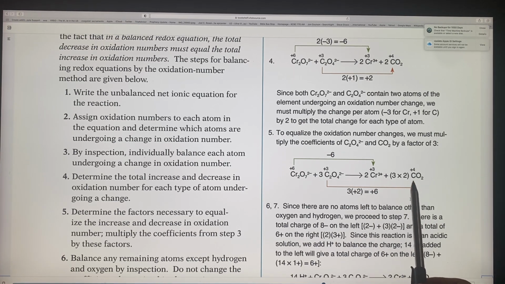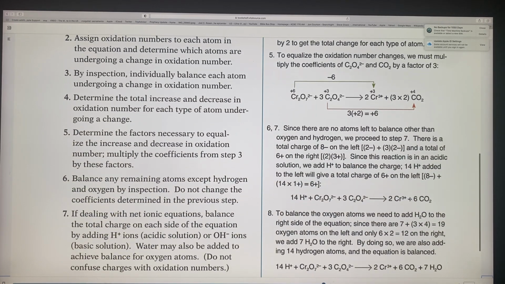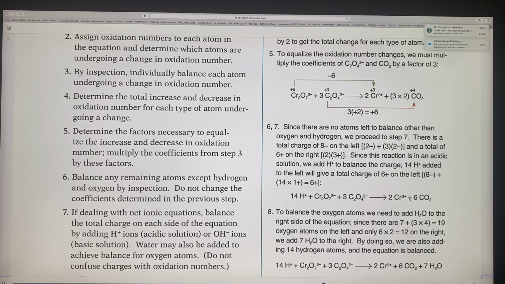So what we're going to have to do is, this is 2, we're going to have to multiply this by 3. So this is going to be 3, and this is going to be 3. See how we added those so that these two would be equal. Since there are no atoms left to balance other than oxygen and hydrogen, we can proceed to step 7.